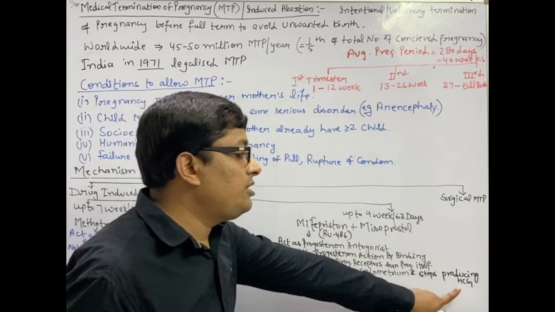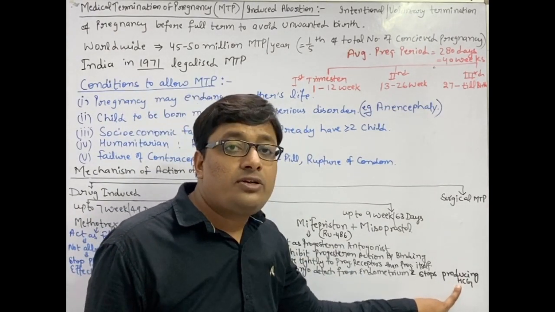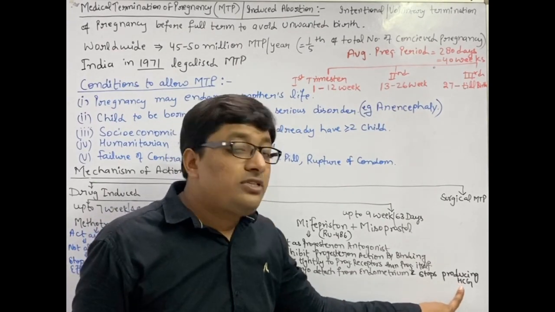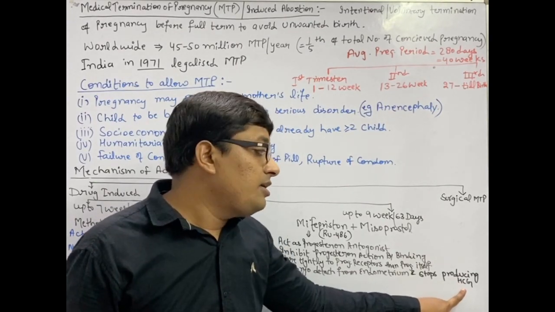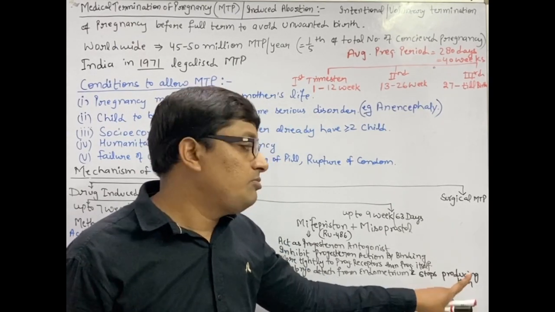It does not produce further HCG. This HCG is the human chorionic gonadotropic hormone. Presence of this HCG in the urine confirms the pregnancy, so it is also called the pregnancy confirmatory hormone.